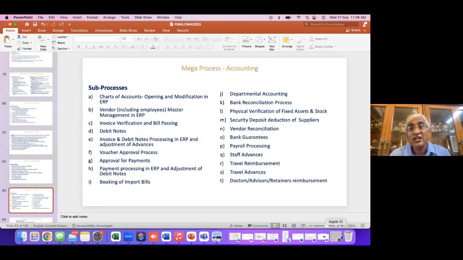Again, this comes under accounting, because when they have the budget for the procurement of the equipment, it must be procured on a timely basis. And then capitalization, there's a process, payment for the equipment purchase to the vendor, invoice verification, debit notes or credit notes, voucher approval process, approval for payments. All these, like any other industry, are important here also.